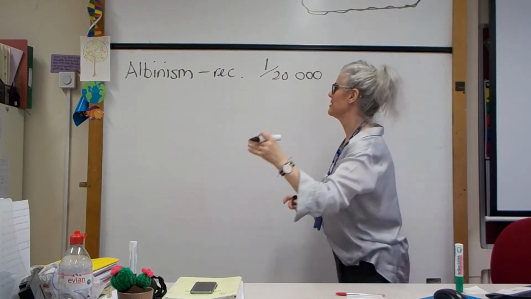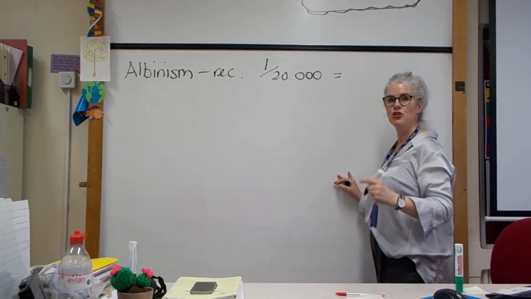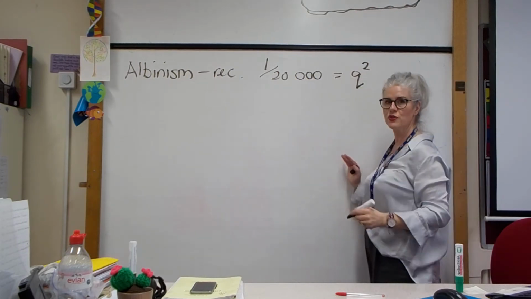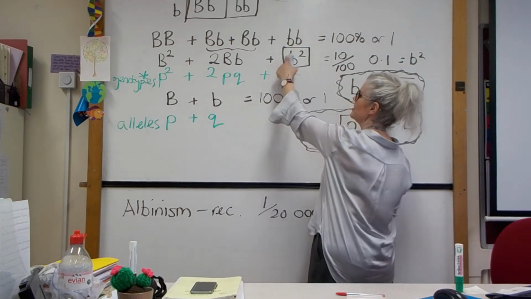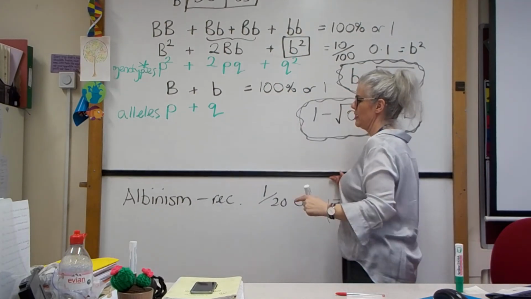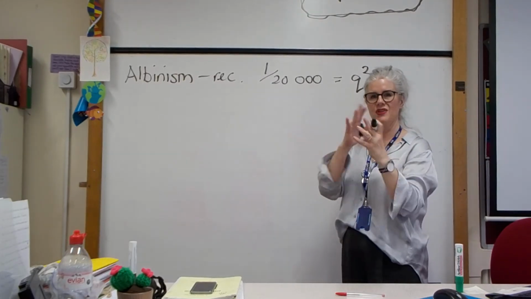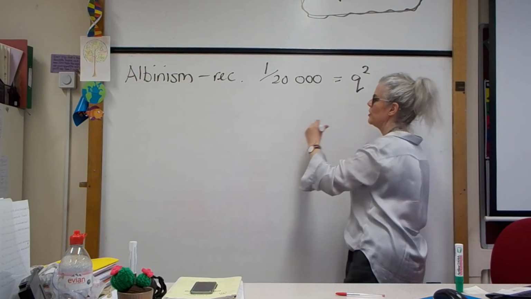What that means is these are the ones with the recessive genotype, so these individuals are q squared. Because albinism is recessive, you can count the phenotype and the genotype as the same thing. So 1 in 20,000 would be q squared.